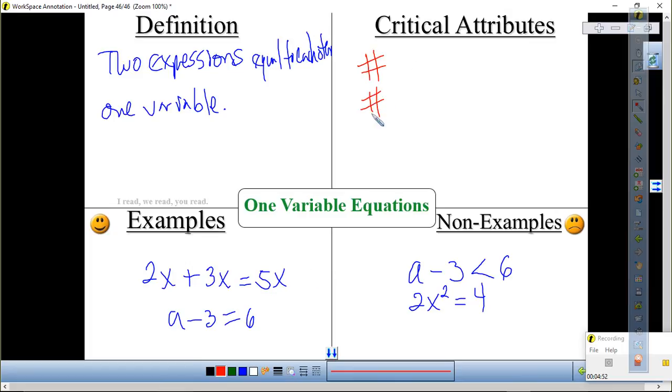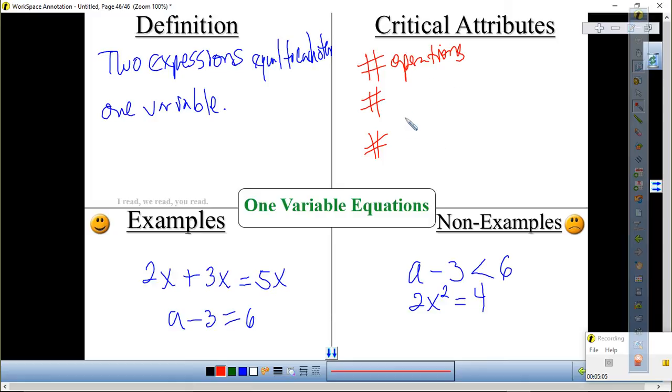All right, 3 hashtags. Can you give me one, please, Savannah? Hashtag operations. Okay. A little bit more specific for equations. Who can give me a hashtag? Chris. Roberto.